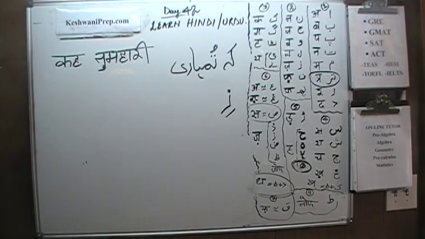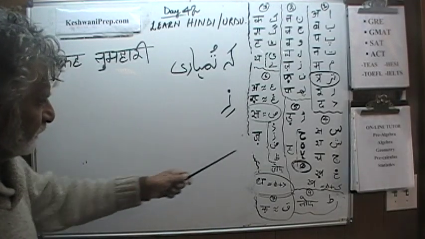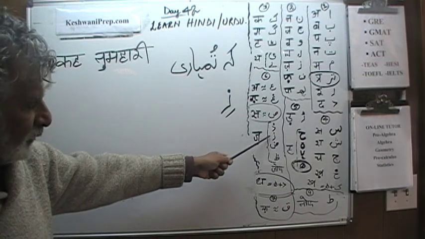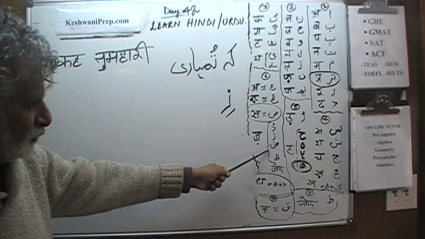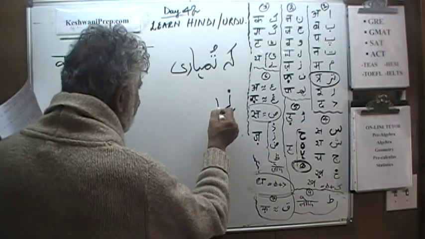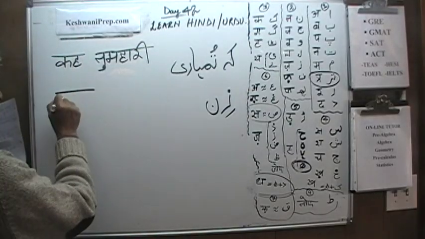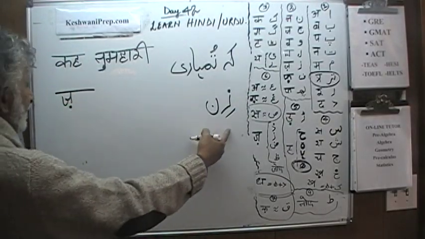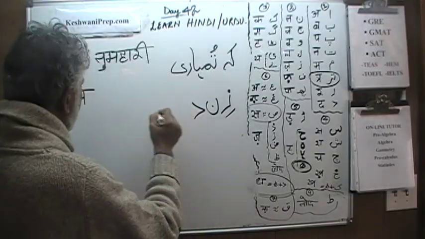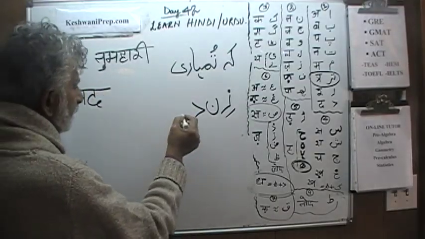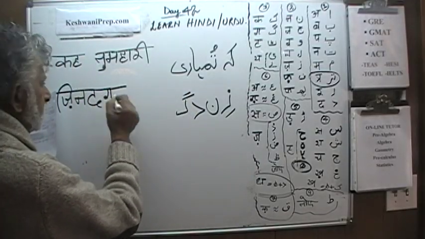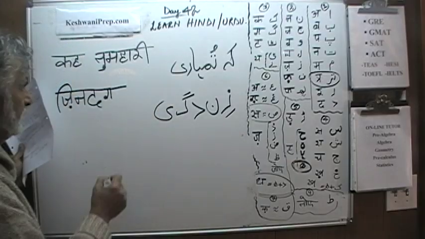Z. We need this second one, not zal. Dal, zal, re, ze. This is called ze. That's what we need. Not zuad, not zoi. We need this one. And then noon, zin, choti i ki matra, with a noon, zin, then a dal, da, and then a gaf, ga, with a badi i ki matra.